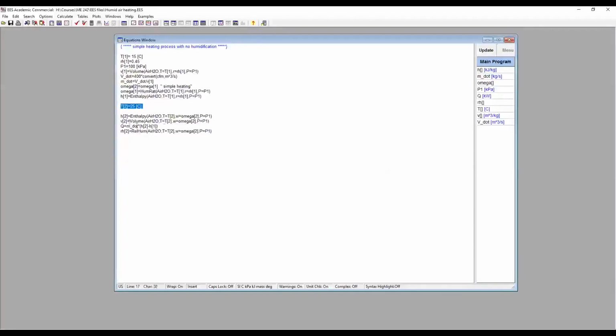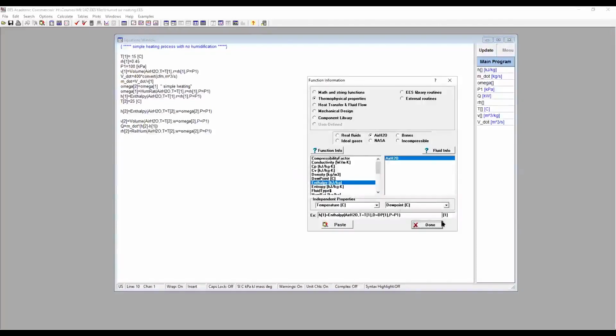So we need a pair of properties to read the rest of the properties. For H2, to call H2, you go to function info again. It's already on enthalpy. Two things you need to change. At point 2, we know temperature, but we don't know relative humidity, right?